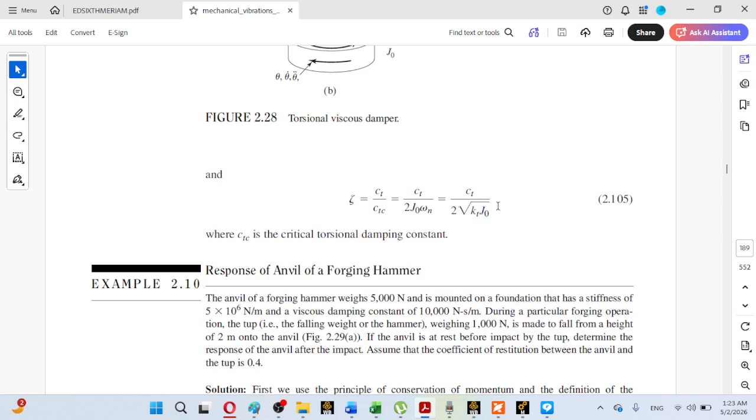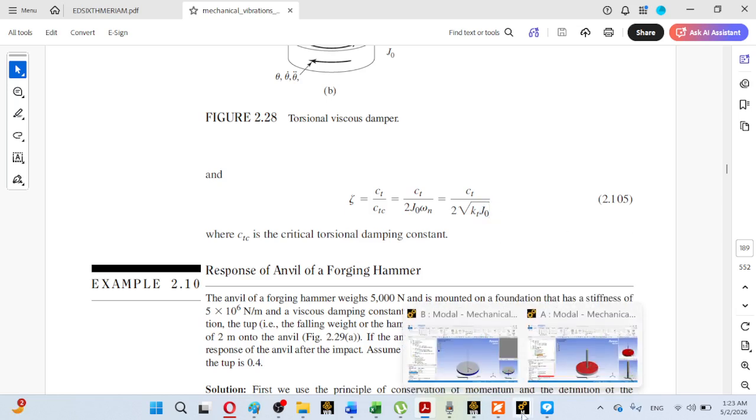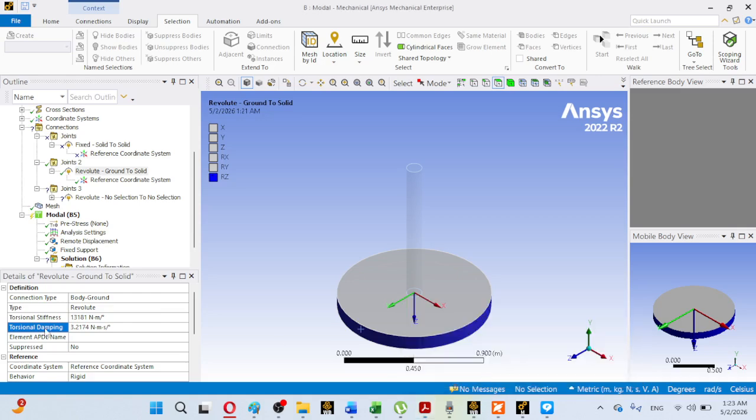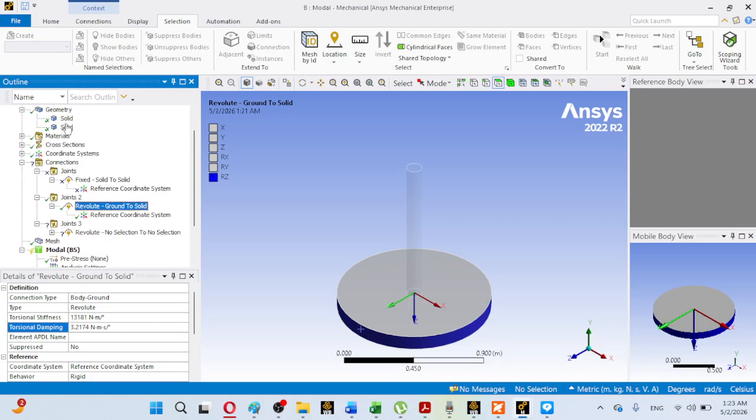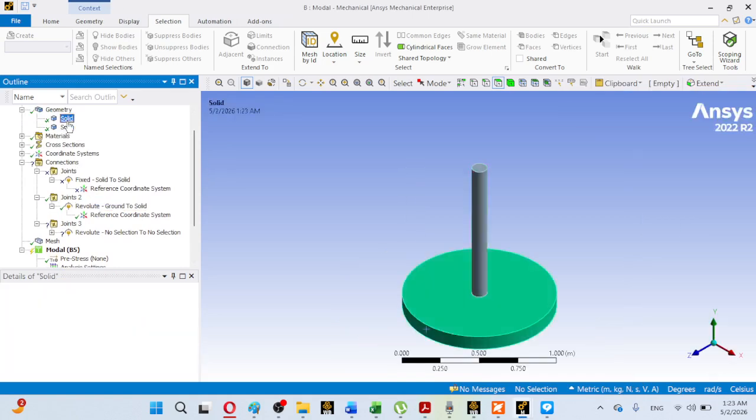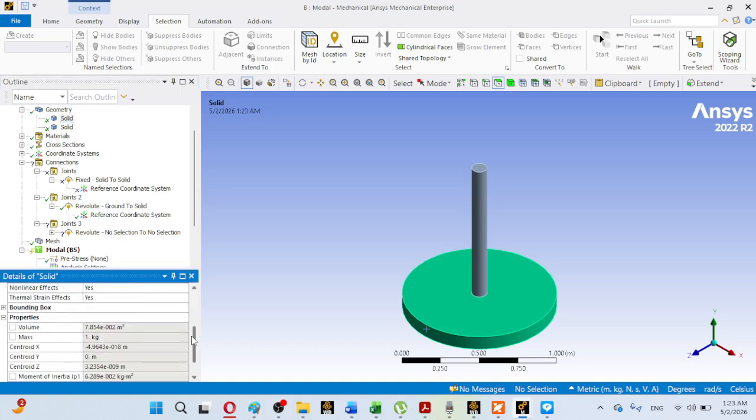The mass for the rigid disc, as you know, is 1 kilogram, and R is 0.5. So this comes out to be 0.125.